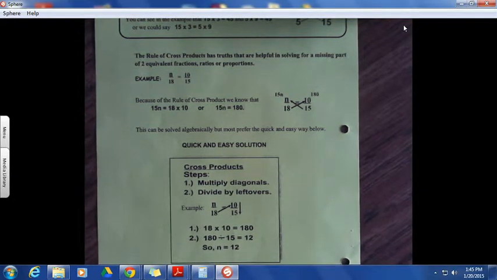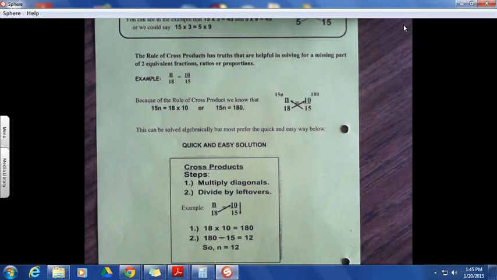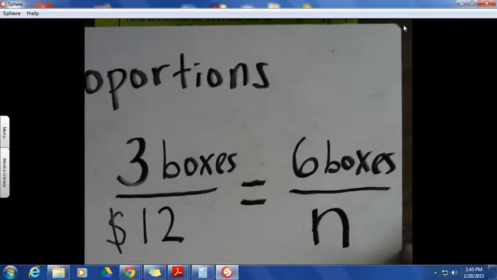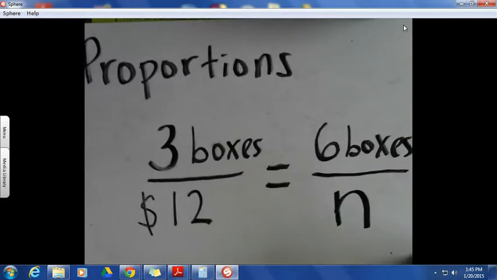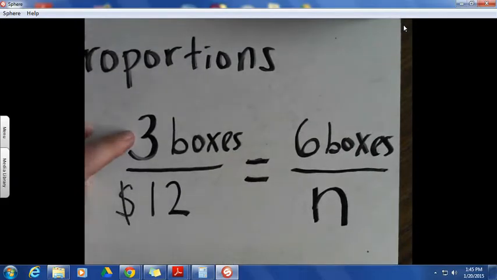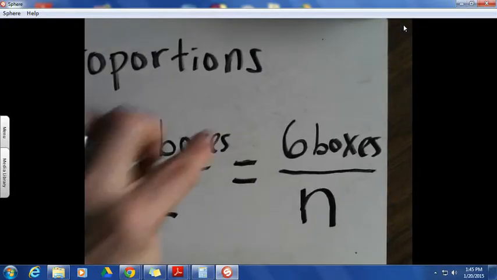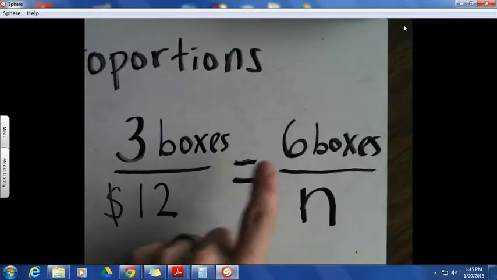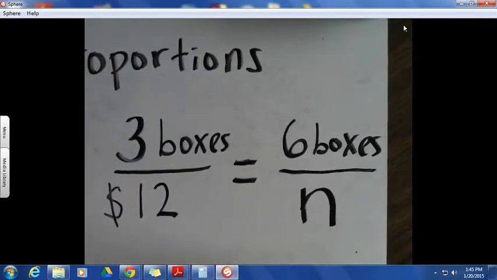So let's go back to our original problem where I gave you a proportion. I said for 3 boxes of Girl Scout cookies I made $12. How much will I make if I sell 6 boxes of Girl Scout cookies? Let's use the rules that we just learned.